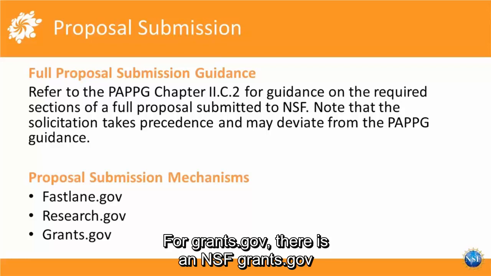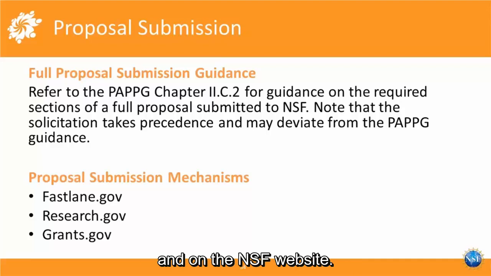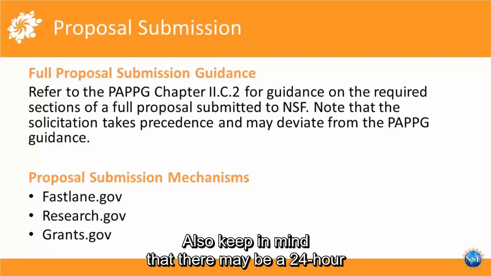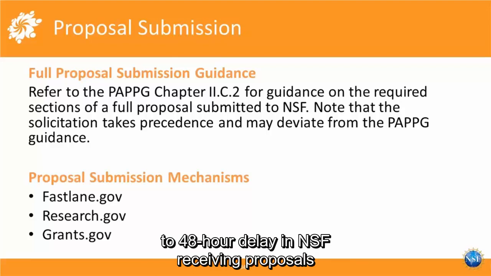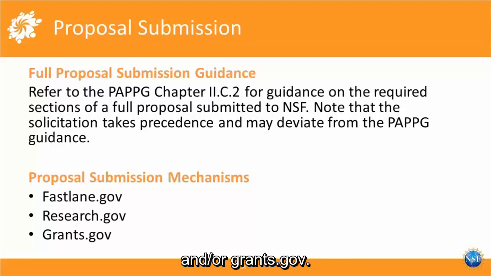For grants.gov, there is an NSF grants.gov application guide available on grants.gov on their website and on the NSF website. Also, keep in mind that there may be a 24-hour to 48-hour delay in NSF receiving proposals that are submitted through research.gov and or grants.gov.